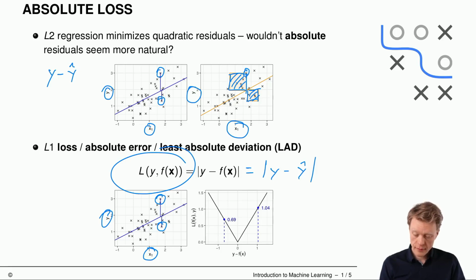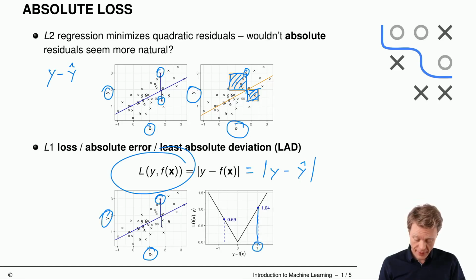So let's start with the first point. This point has an absolute residual of 1.04, and we can plot the loss function here. So this is just, well, the absolute value function.